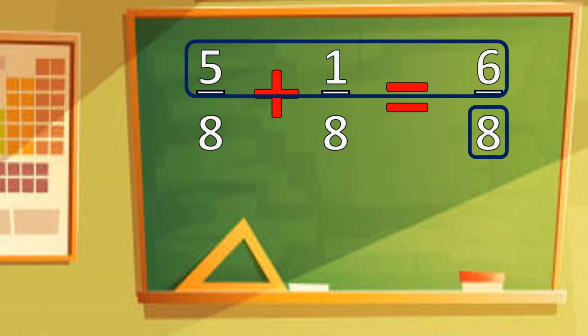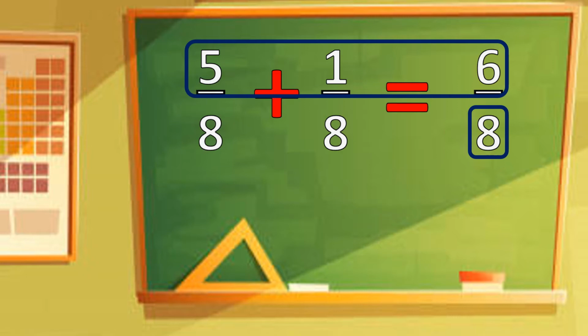Now, you have to check if our answer is in its simplest form or lowest term. Again, a fraction is in its simplest form if the numerator and the denominator have no other common factor except 1. Okay?